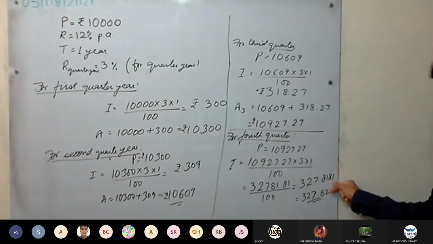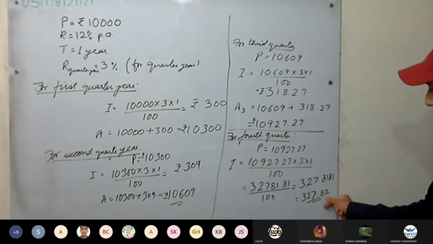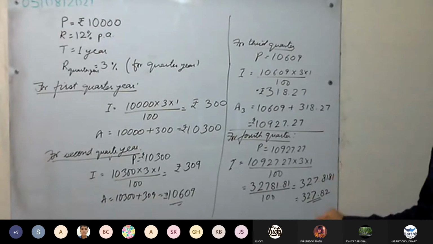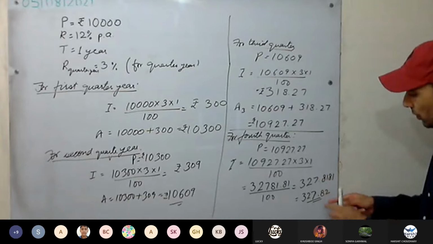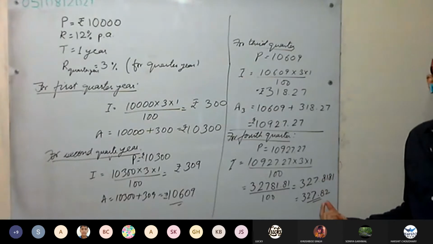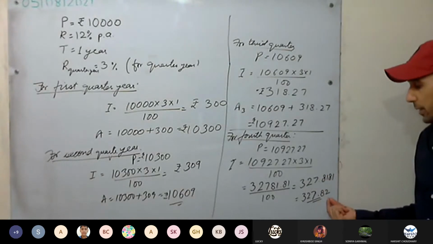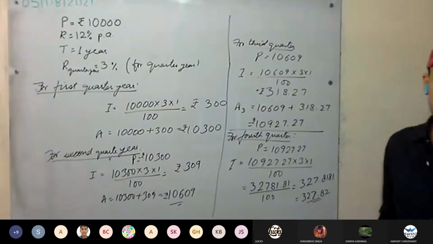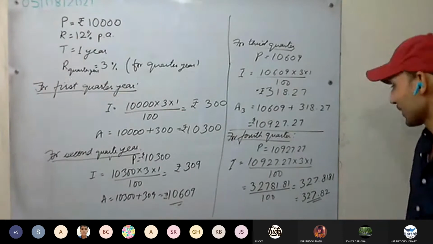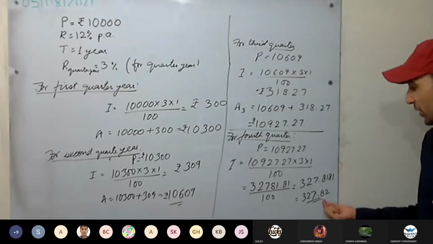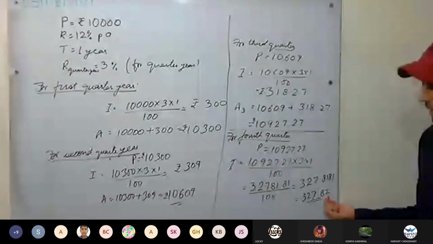Mainly, we usually round it off. Two digits are fine in money. 82 paisa, 327 rupees 82 paisa. These days, this paisa also doesn't count for anything. So 327.82 rupees. Okay.